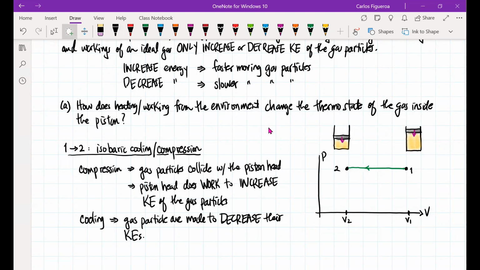So that means that energy must be transferred out of the piston.